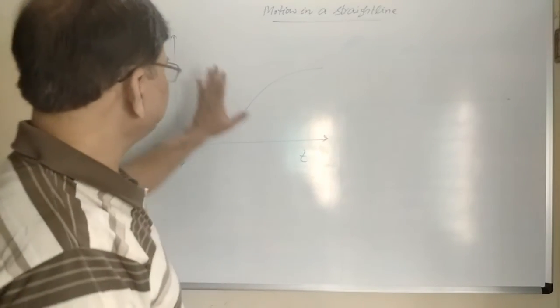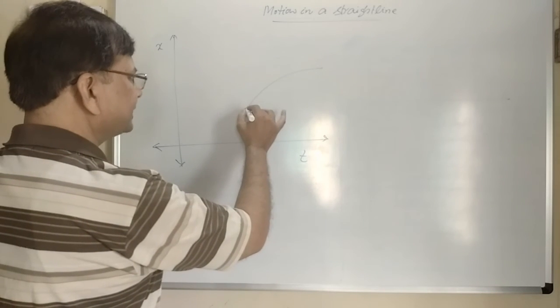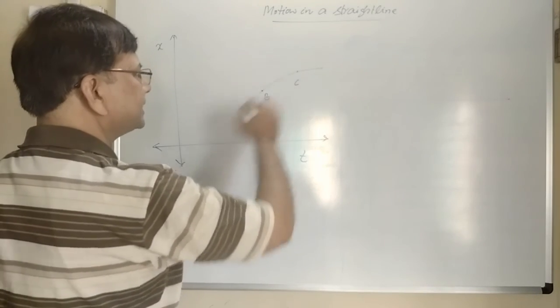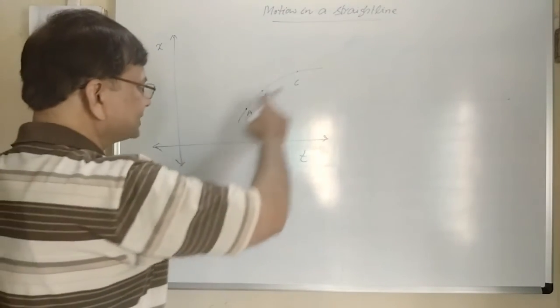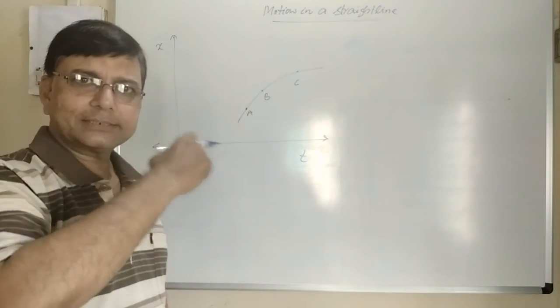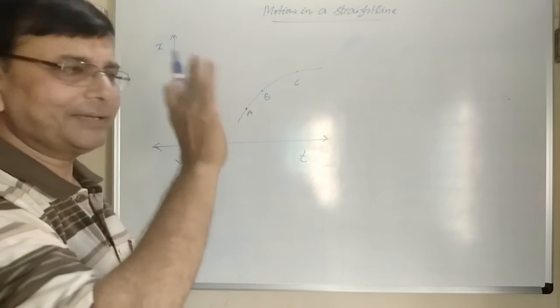Now, if the displacement time graph is of this kind, we will take 2-3 points on this. This is point A, this is point B, and this is point C. The previous graph was like this, where the velocity was increasing. So it was varying velocity but increasing velocity.